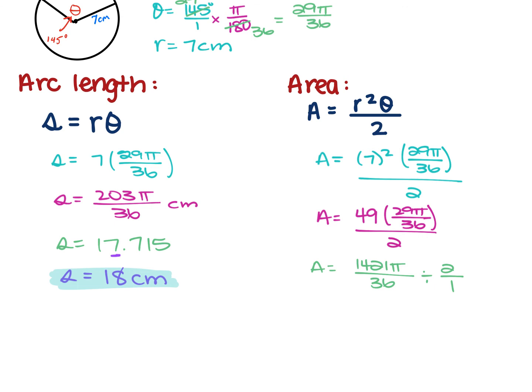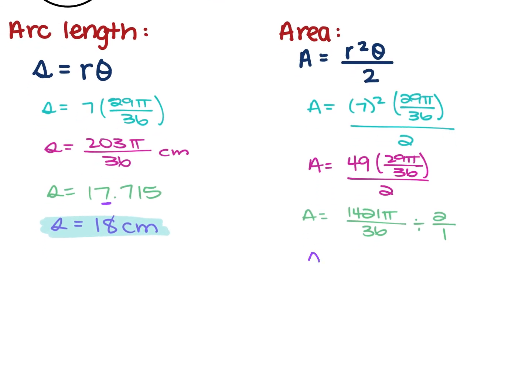To divide fractions, keep, change, flip. So this is going to give you the multiplication of 1/2. Multiply straight across, since you do not have anything that you can simplify. And this gives you 1,421 pi all over 72.